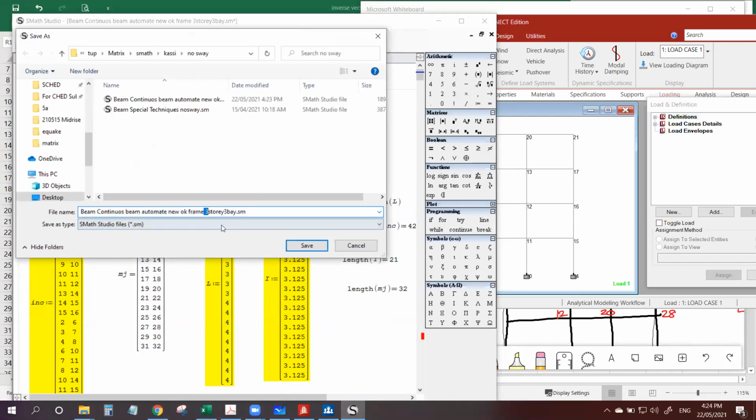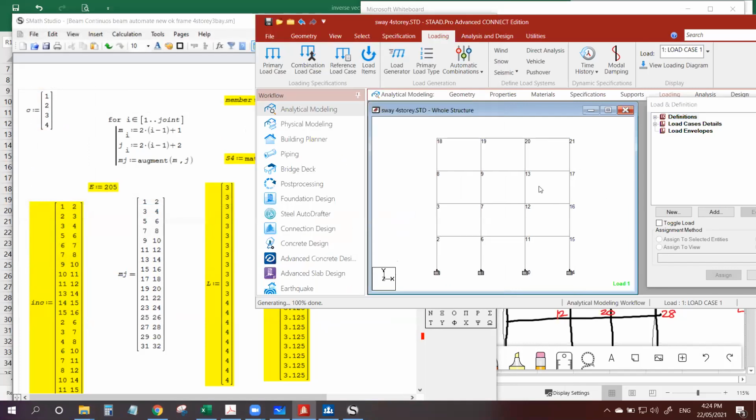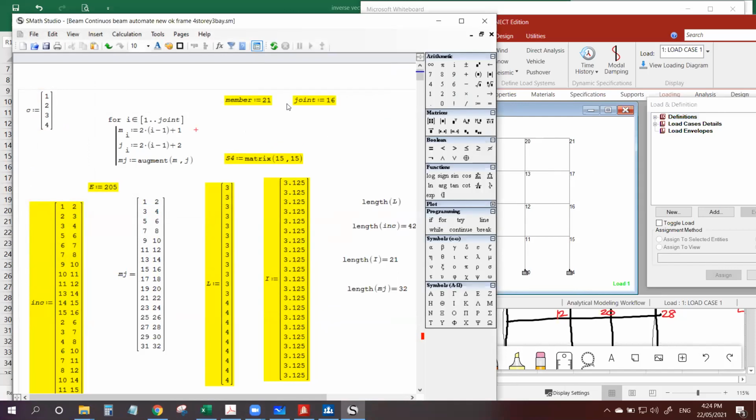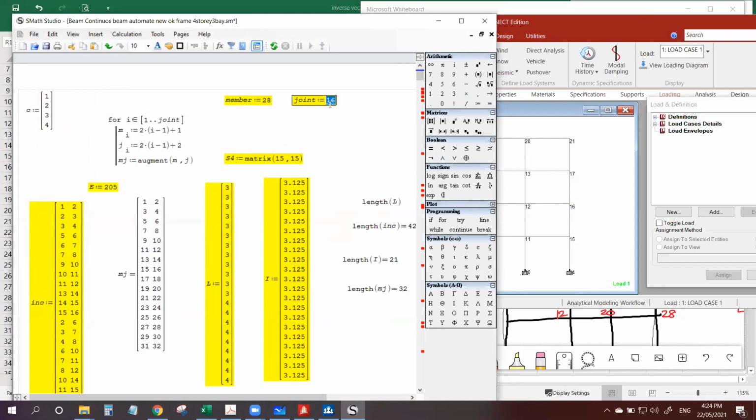So this becomes 4-story, 3 bay. Now, how many members do we now have? 21, 22, 23, 24, 25, 26, 27, 28. So I'll make this 28. How many joints? 16, 17, 18, 19, 20. We now have 20 joints.